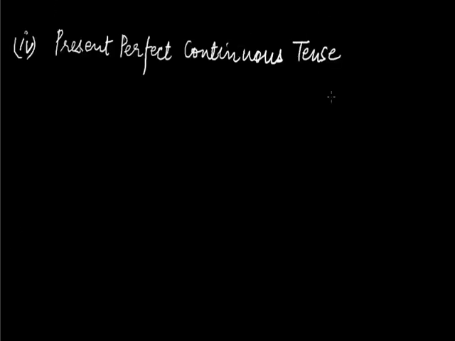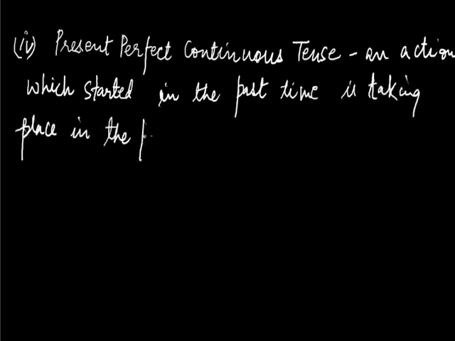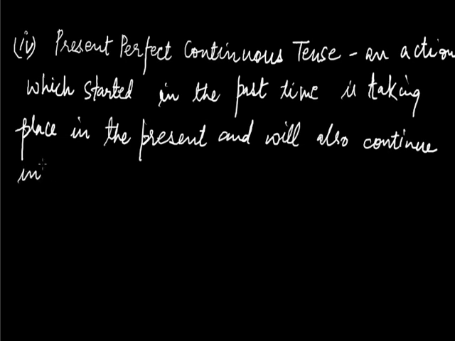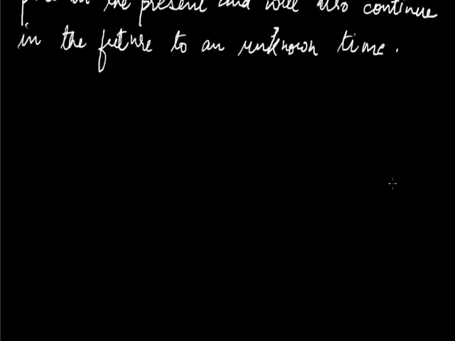A present perfect continuous tense tells us that an action which started in the past time is taking place in the present and will also continue in the future to an unknown time. We can better understand this with the help of an example.